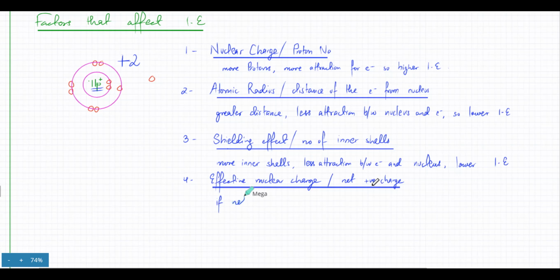If the net positive charge on the ion is greater, then it's obviously going to be more difficult to remove electrons.